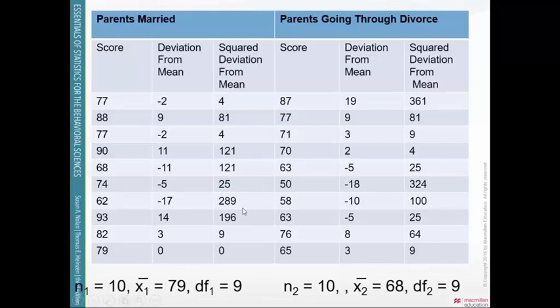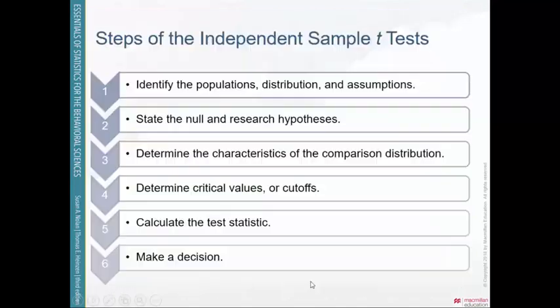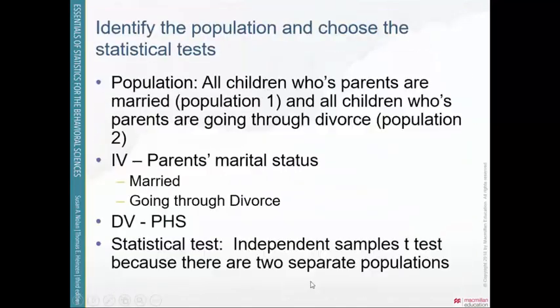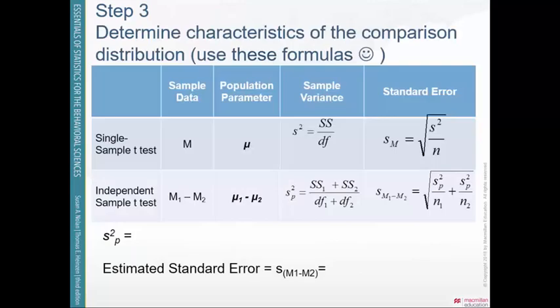If you add up these squared deviations for parents married, you should get 850. And if you add up the squared deviations here, you should get 1002. So those are your sums of squares for both groups. I'm sorry, I didn't have that.